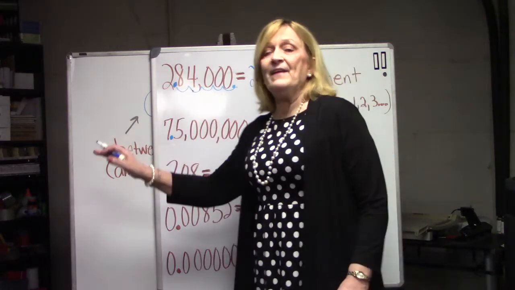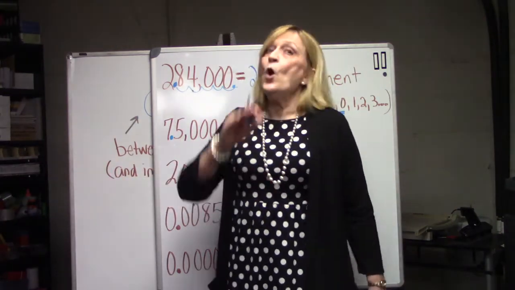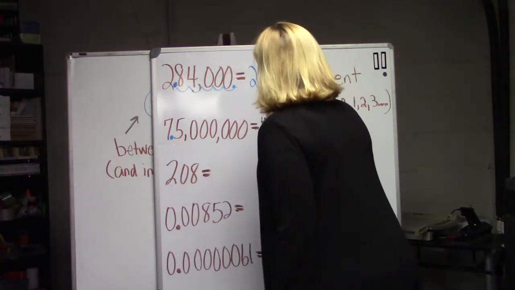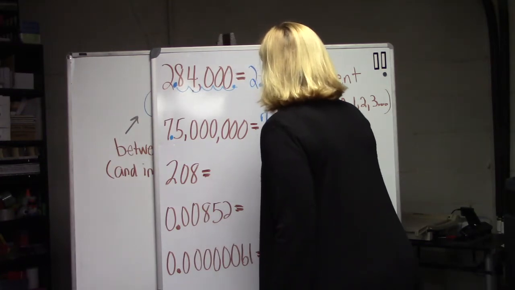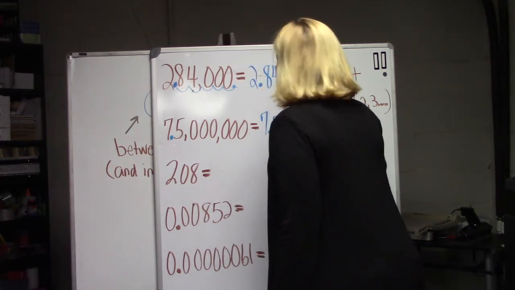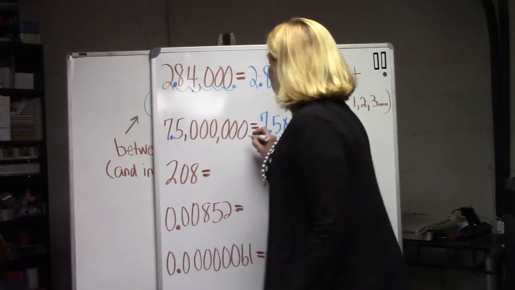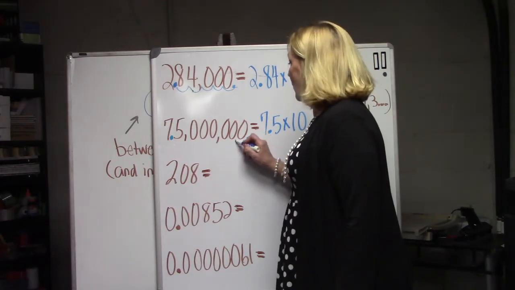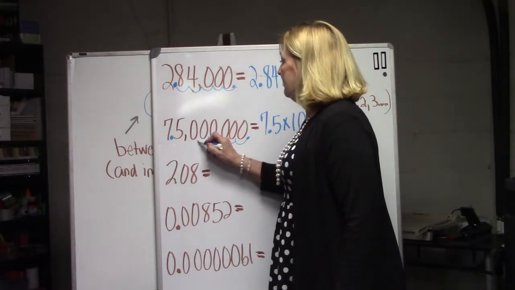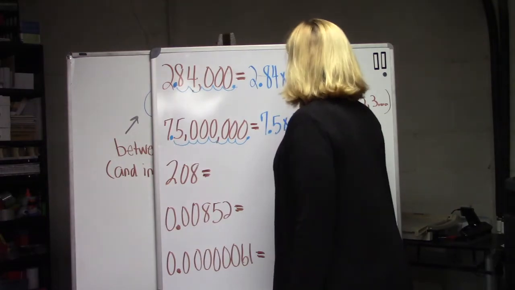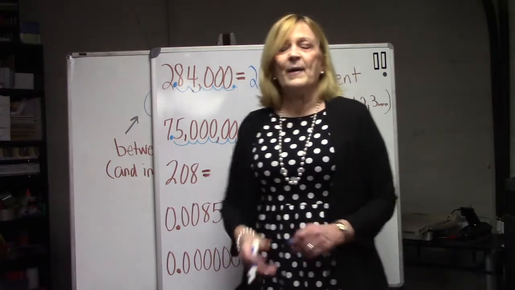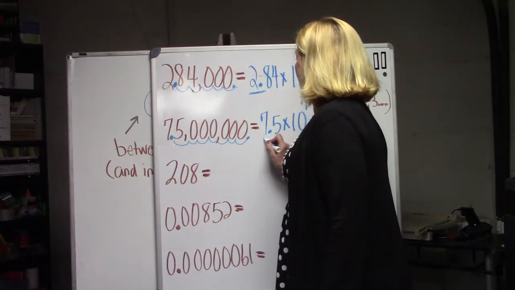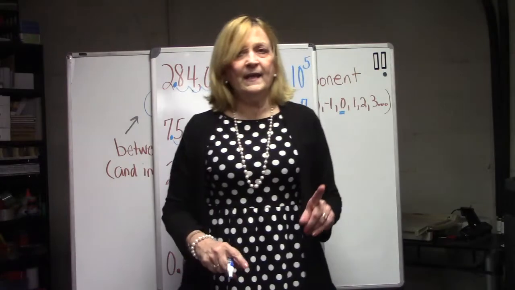Because that leaves me a 7 out front. 7 is between 1 and 9. So I know my final answer is going to be 7.5 times 10. And what's my exponent going to be? Well, let's look here. This is initially where it was. We had to move it 1, 2, 3, 4, 5, 6, 7 places. So it's 10 to the 7th power.